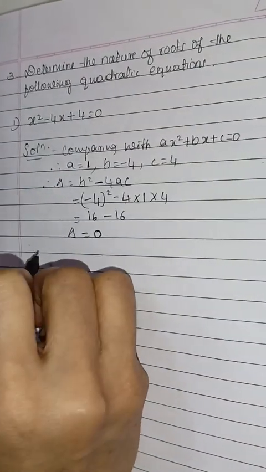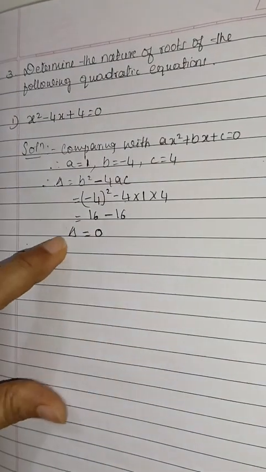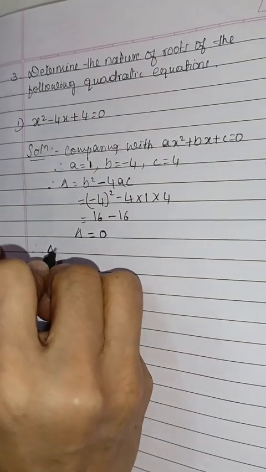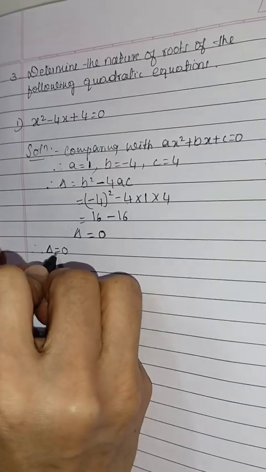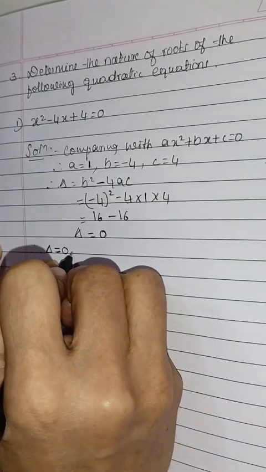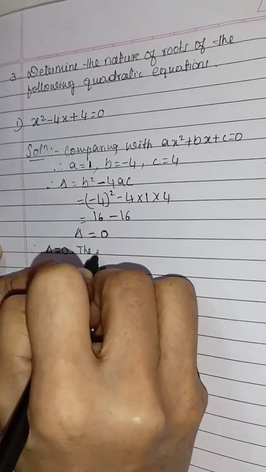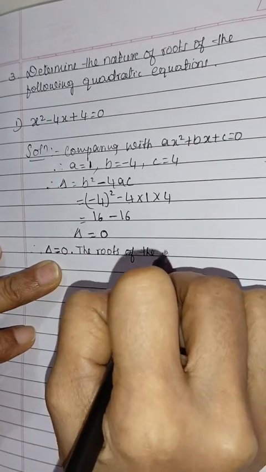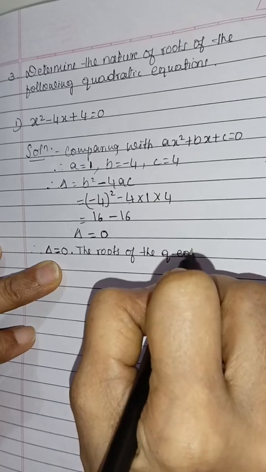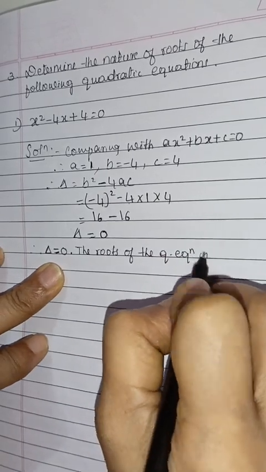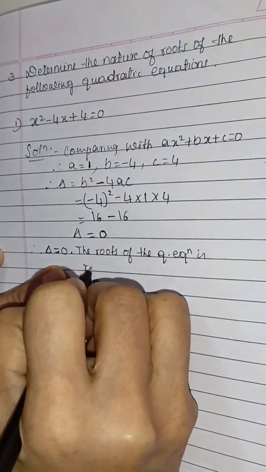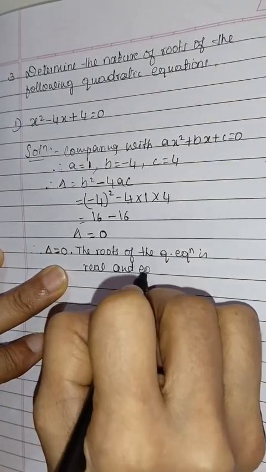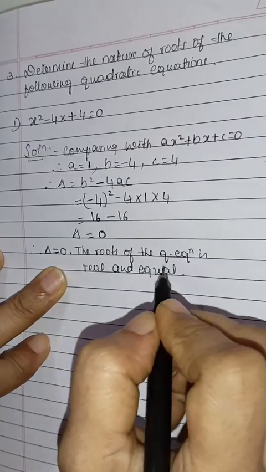Therefore, we write here delta is equal to 0. Therefore, the roots of the quadratic equation are real and equal.